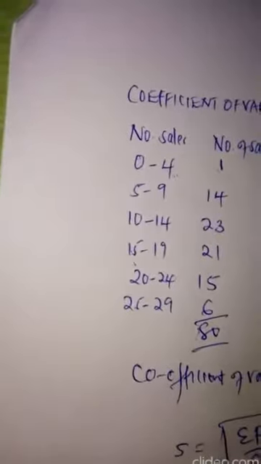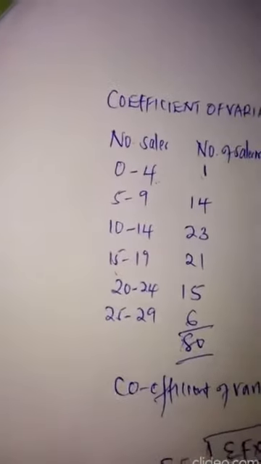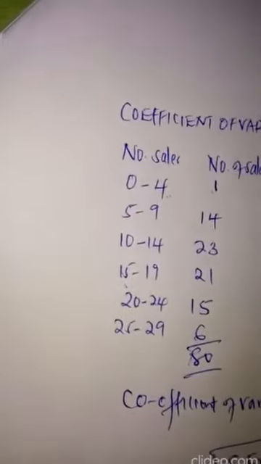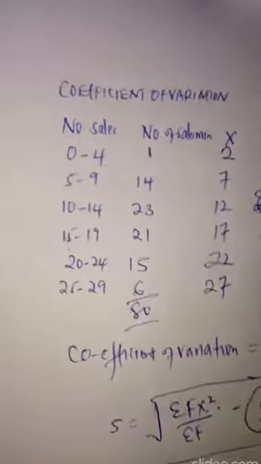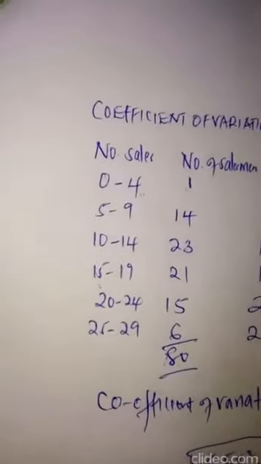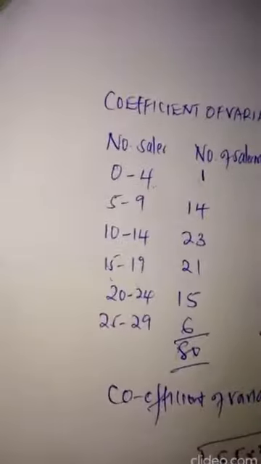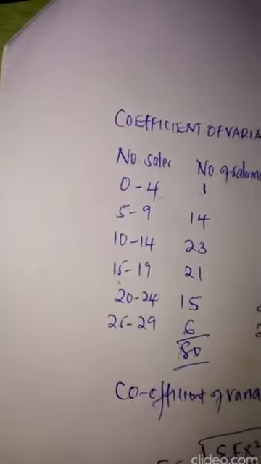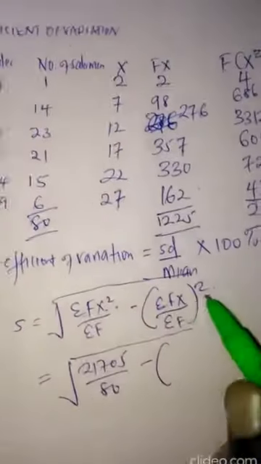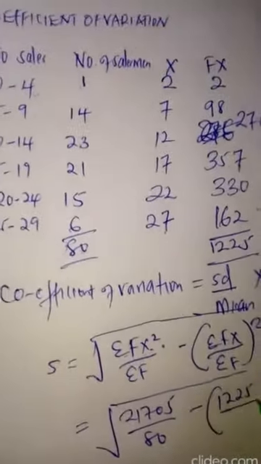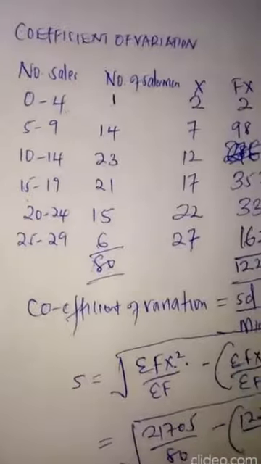So you just need to replace this in your formula to get the standard deviation. This will be given by the square root of summation of fx squared, 21705, divided by summation of f, which is 80, then minus, open the bracket, summation of fx, which is 1225, all over summation of f, which is 80.